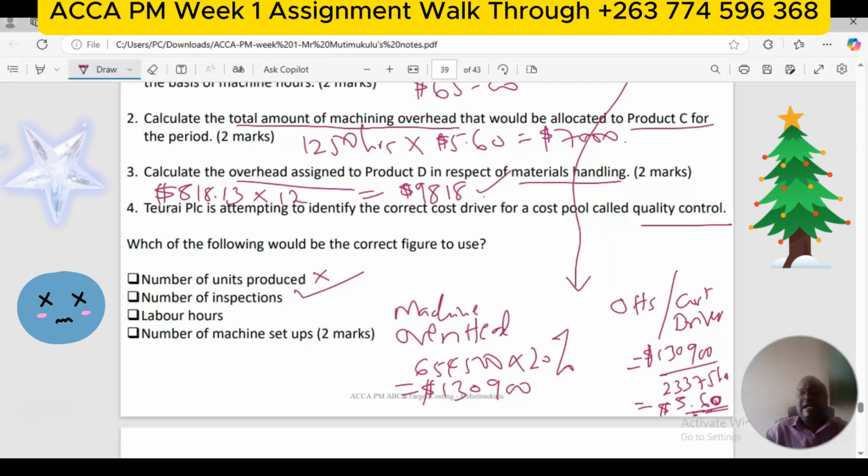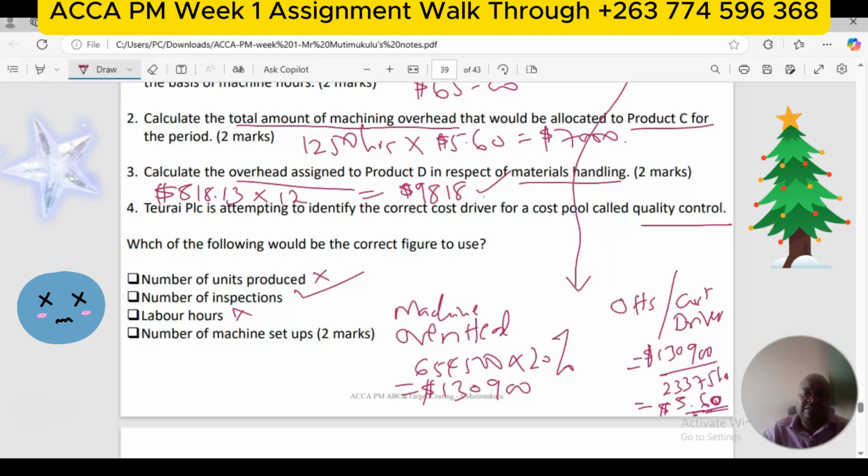Labor hours doesn't necessarily tell us, because labor hours could be related to other areas, not specifically to quality control. So we reject it. Number of machine setups doesn't actually tell us that quality control was taking place, or why the quality control costs are so high, because we were doing a lot of machine setups and so forth.